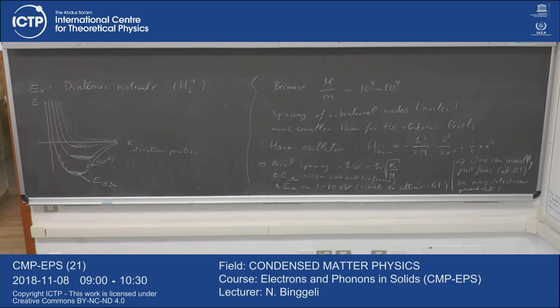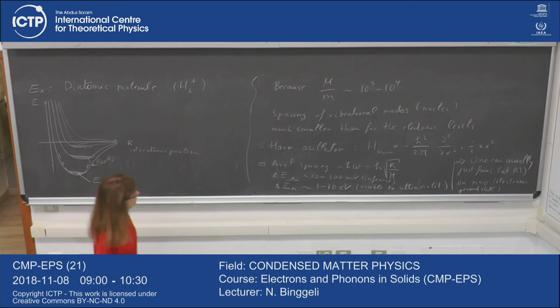Any questions? Is the idea reasonably clear? Starting from the equation we have for the vibration and having this type of potential for the electron, I'm telling you that the level spacing here is extremely small with respect to the energy difference between the electronic eigenvalues.